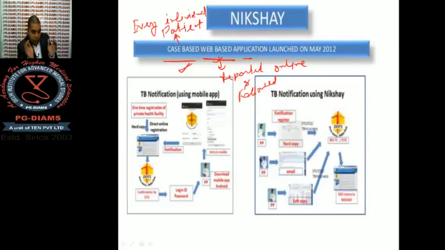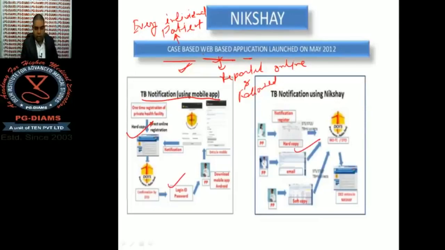So to improve this process of reporting and to include the private care provider as well in the reporting system, Government of India launched NextCare, in which the TB notification is done using mobile app, either through hard copy or through soft copy using login ID.